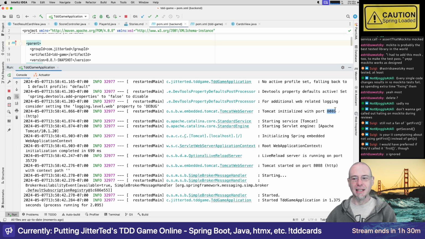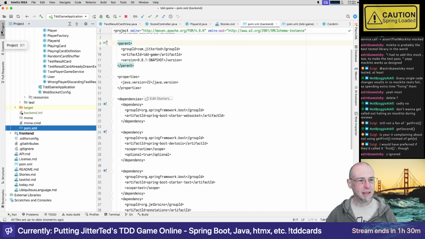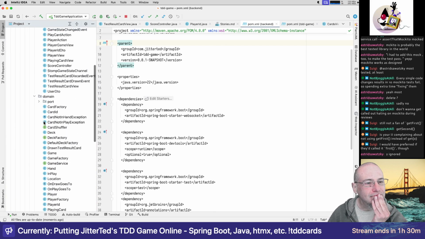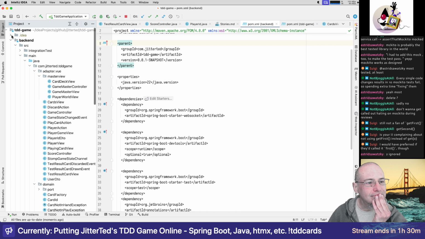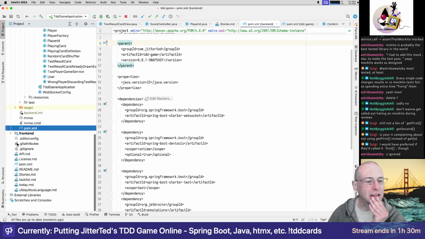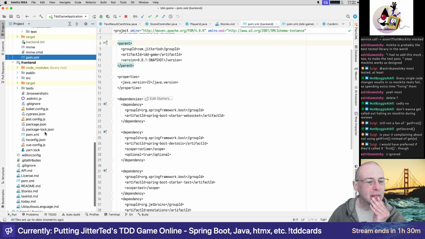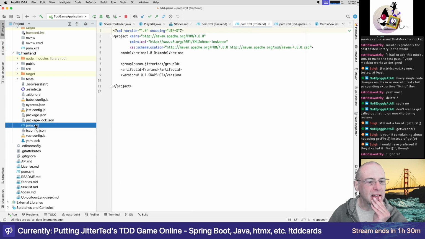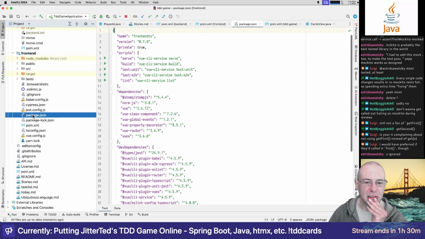But that's the back end on 8088. Where's the front end? I think I actually have to do something in the front end. Where's my front end? Front end is here. That's irrelevant. Package JSON.